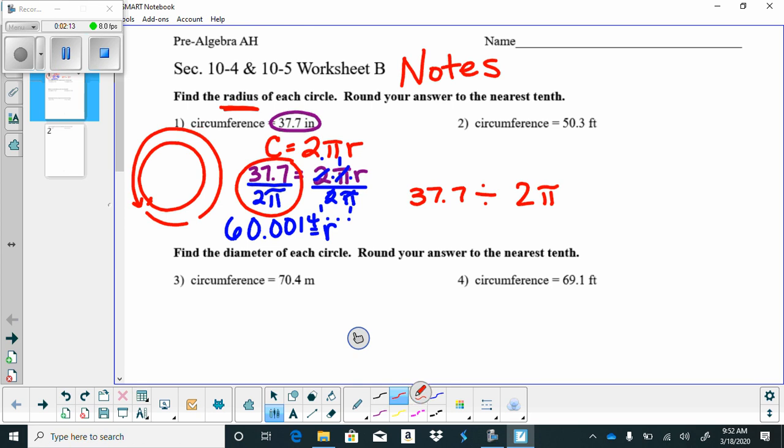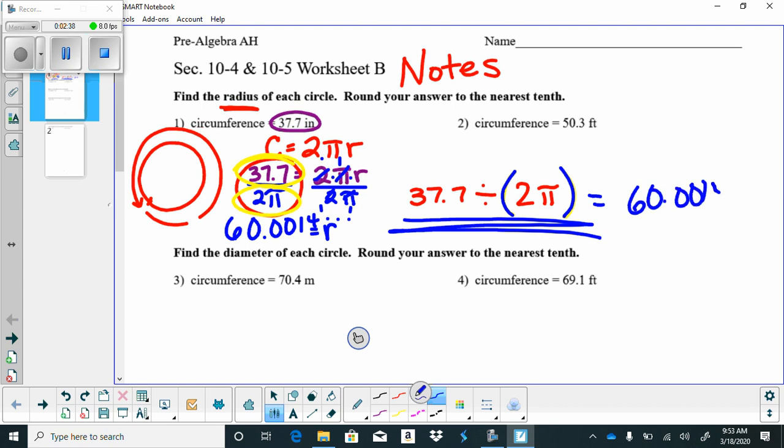What your calculator does is it divides by 2, gets an answer, and then multiplies by pi. In order to divide the whole numerator by the whole denominator, you've got to put the denominator in parentheses. So try it again in your calculator, type it in just like this, and see if you get 6.0014... Pause it.